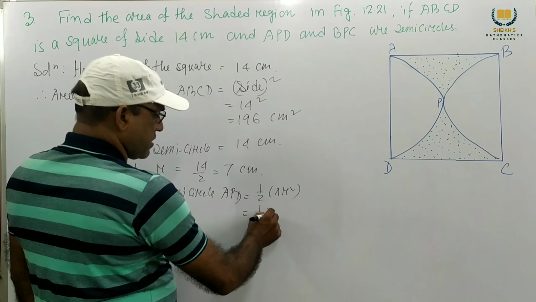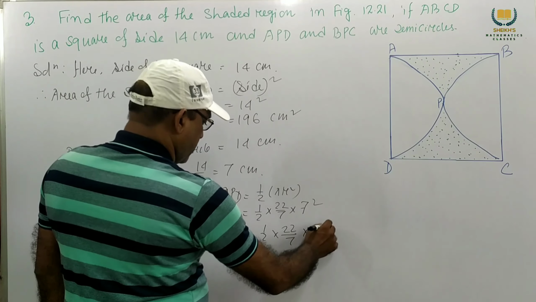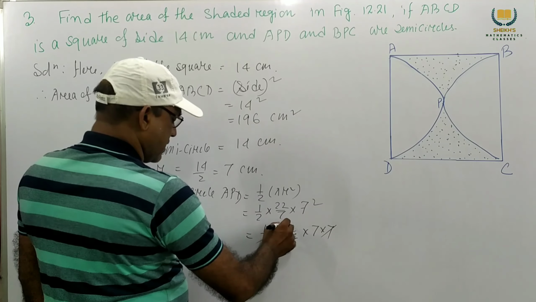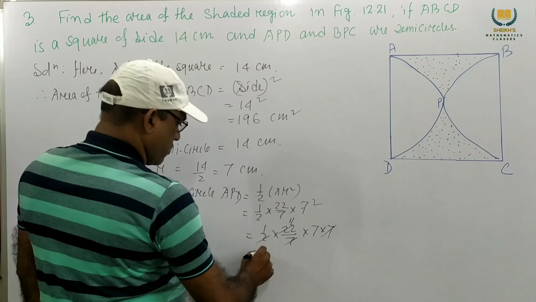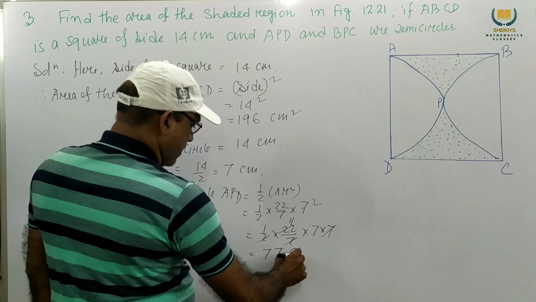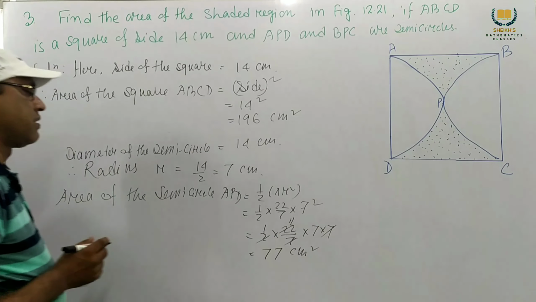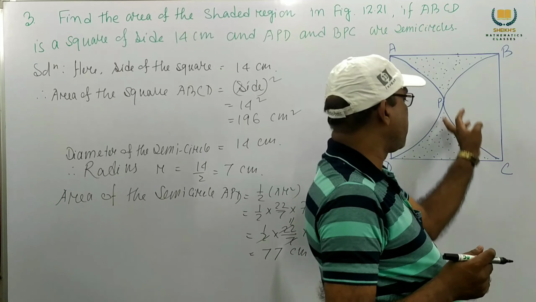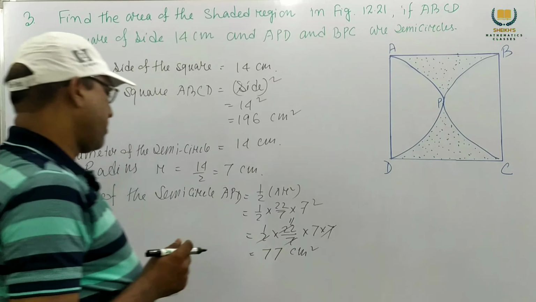We get 1 by 2, 22 by 7, 7 into 7. 7 cancels, this is 11, this will be 77 centimeter square. Similarly, the area of the semicircle BPC is also 77 square.